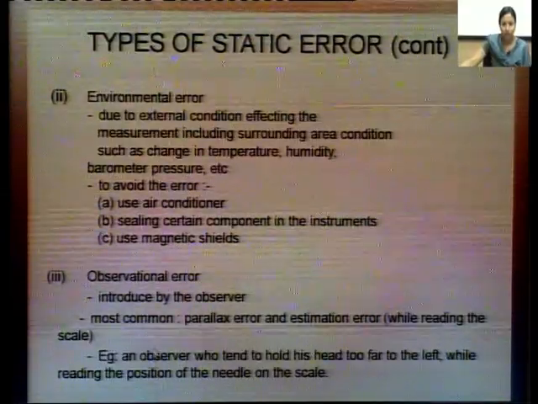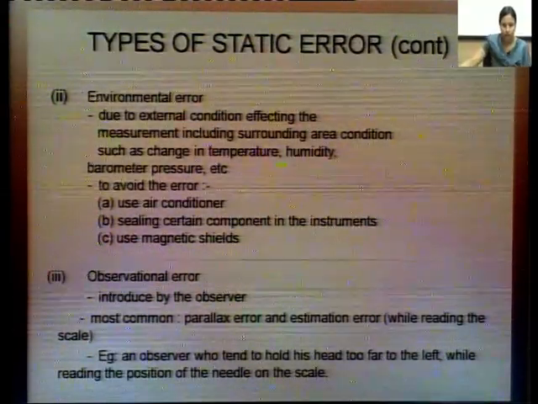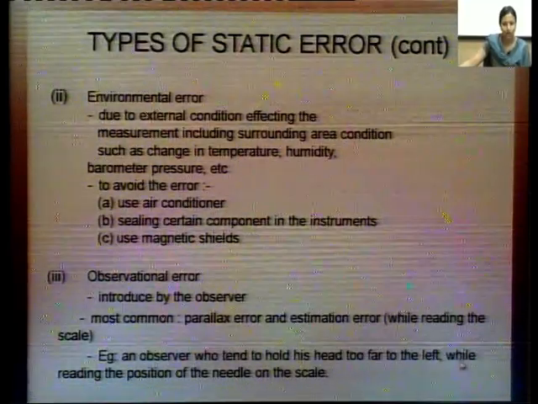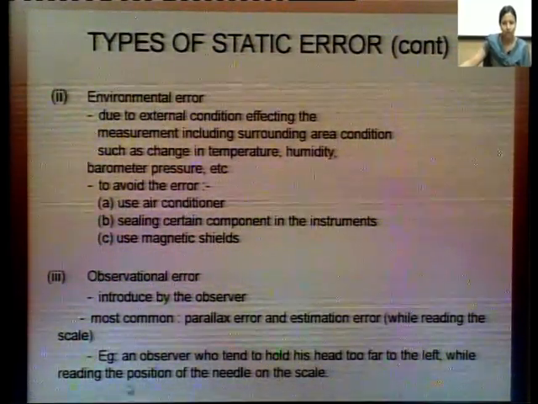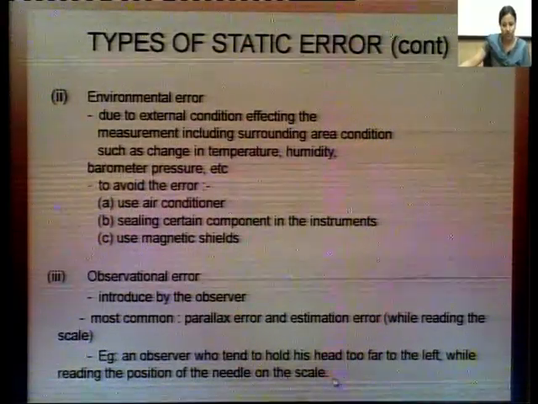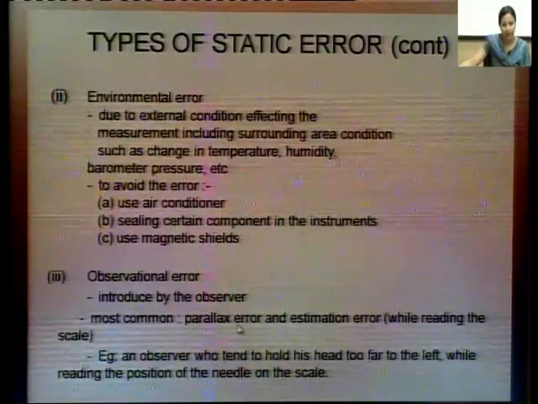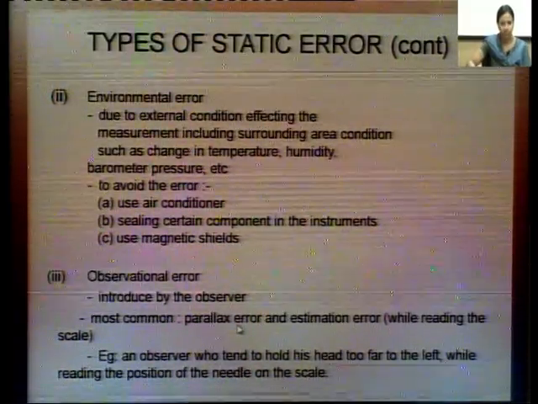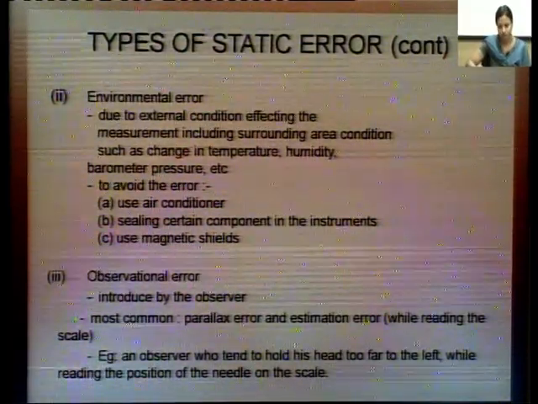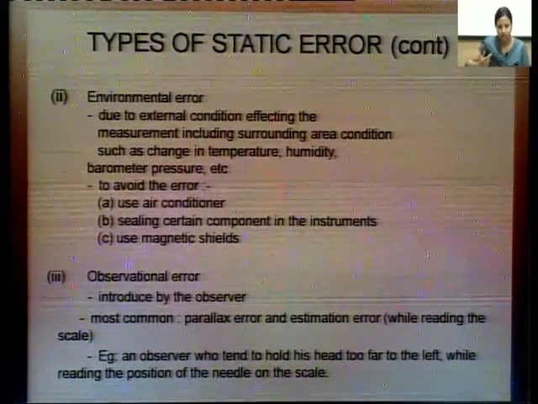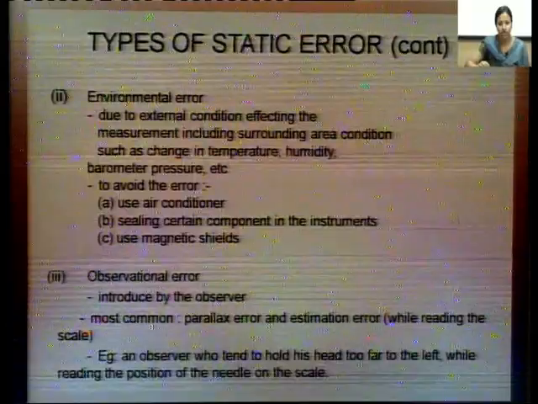For example, an observer who tends to hold his head too far to the left while reading the position of the needle on the scale. So it may cause an error. It is purely parallax error. So this type is called observational error. It is due to the observer, that is the person who is taking the reading.